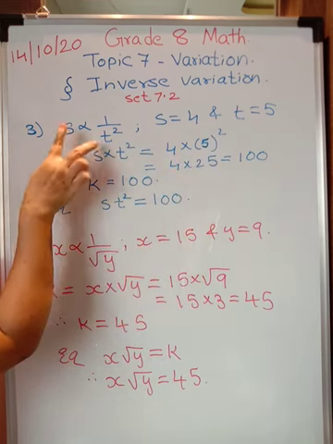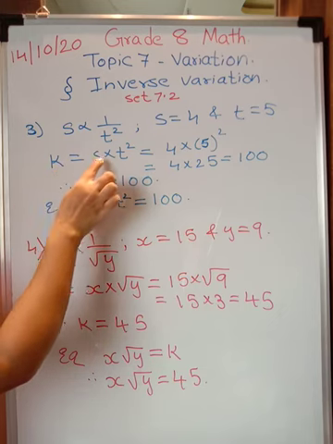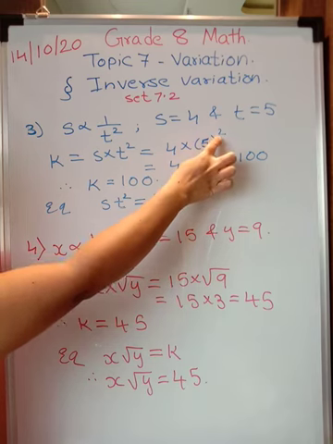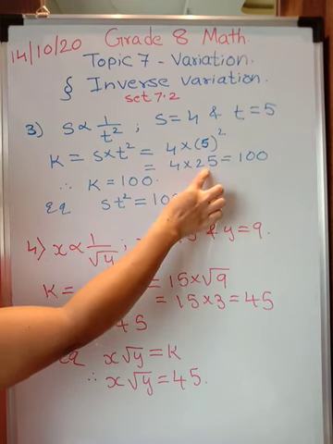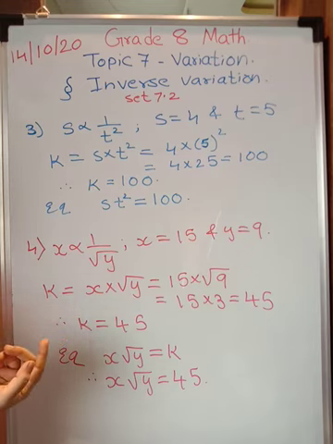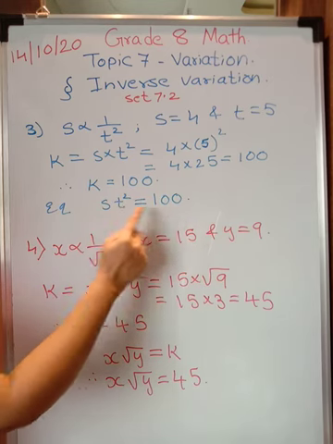We know it is inverse proportional, so product will be constant. So constant K is equal to S into T square. 4 into T is 5 and its square. So 4 into 25 becomes 100. So value of K is 100. And what is equation? Equation is K is equal to ST square. So ST square is equal to K value we have. So put it. So ST square is equal to 100.